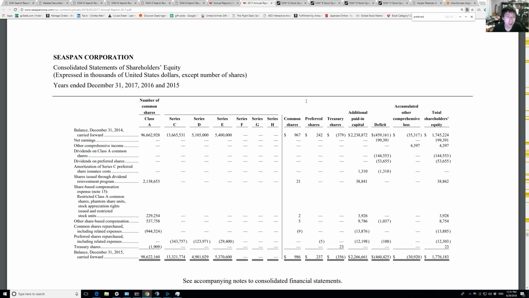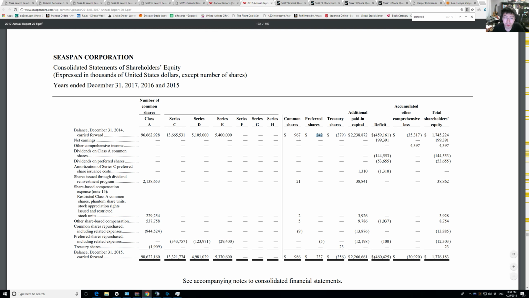So you can see it here. These number of shares, 5 million shares. For preferred shares, total in 2014 they had 240. So let's see. 1,000. So 237,000.